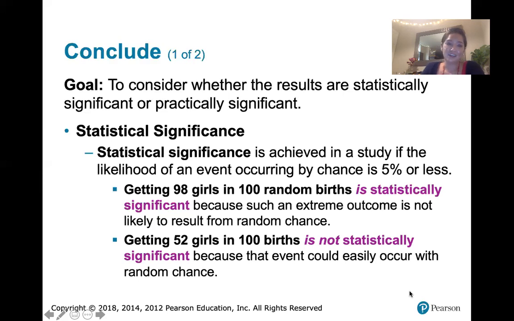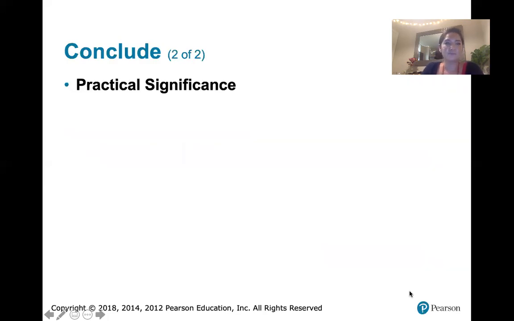It could easily occur just by random chance. You pick a different 100 births and maybe there'd be 48 girls, a different 100 births and maybe there'd be 53, like who knows? But if it's all around 50, that sounds sort of normal. If it's not around 50, it's not normal. And when we think of something as not being normal, we think of that as statistically significant. If it's sort of typical, that's not statistically significant.